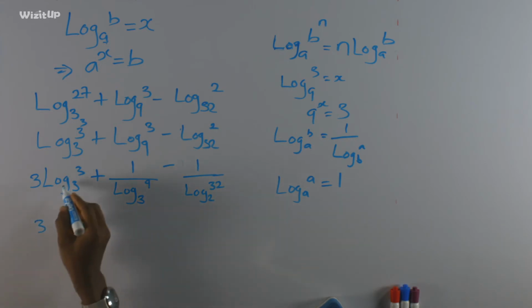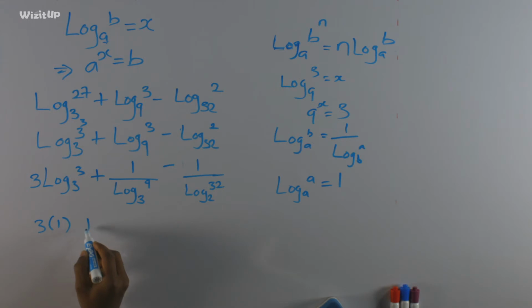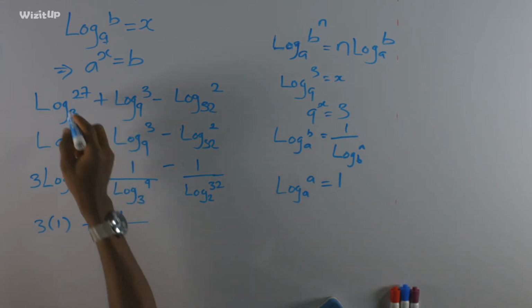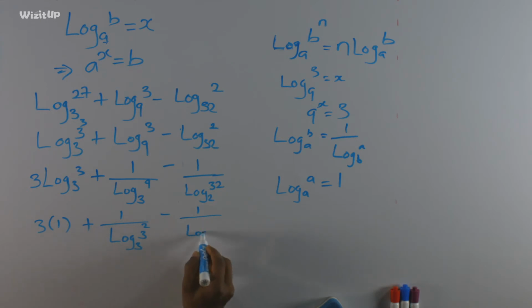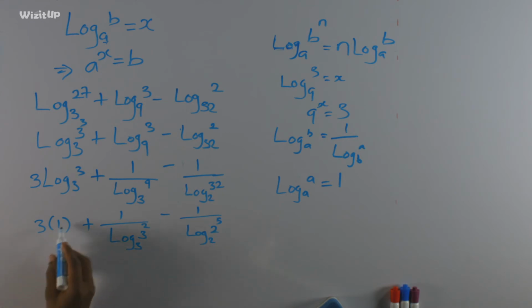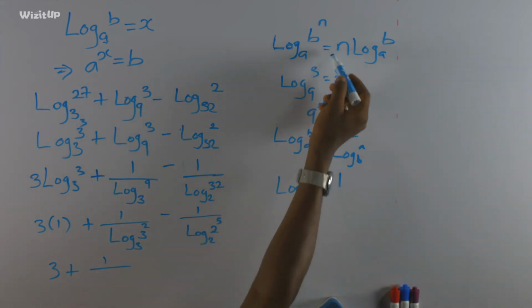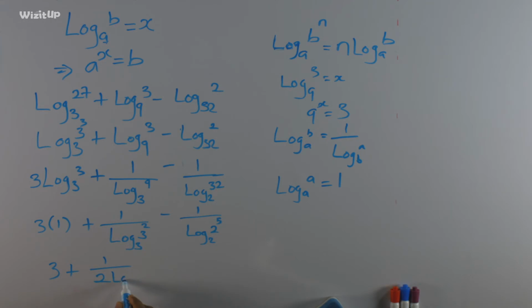We'll have 3, this becomes 1, plus 1 all over, now we can write 9 in index form, log base 3 raised to the power 2, minus 1 over log base 2 raised to the power 5. 2 raised to the power 5 is the index form of 32. Now, moving further, we have 3 times 1, 3, plus 1 all over, applying the law here, 2 log 3 minus 1 all over 5 log 2.